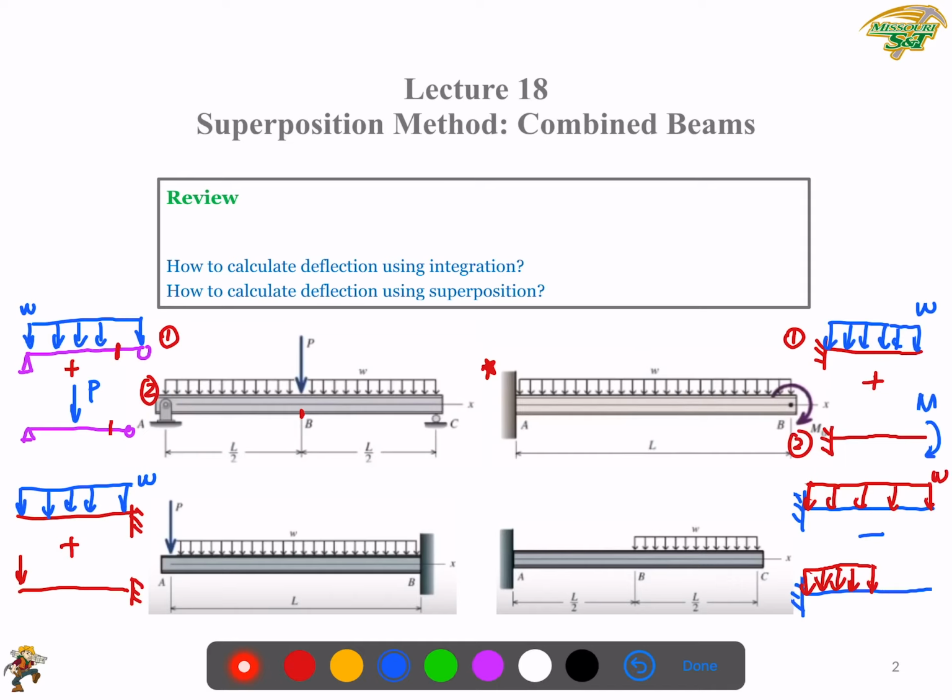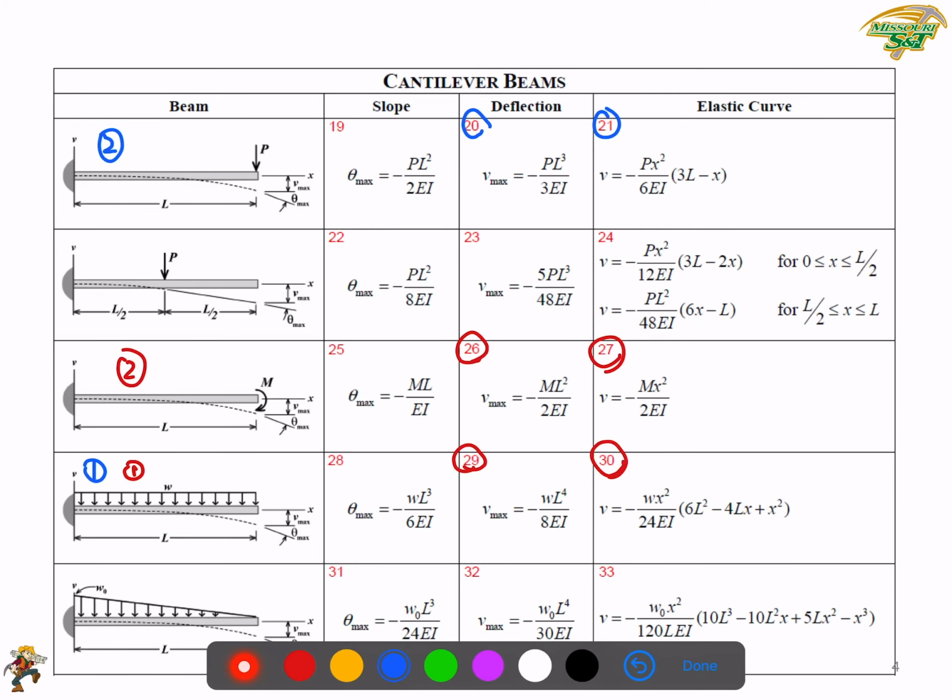So in the first case, of course, you still use your equation 30 or equation 29, depending on where you are determining. Let's see, so we're determining the maximum deflection at point C. So you just use equation 30 here to determine the maximum deflection at point C.